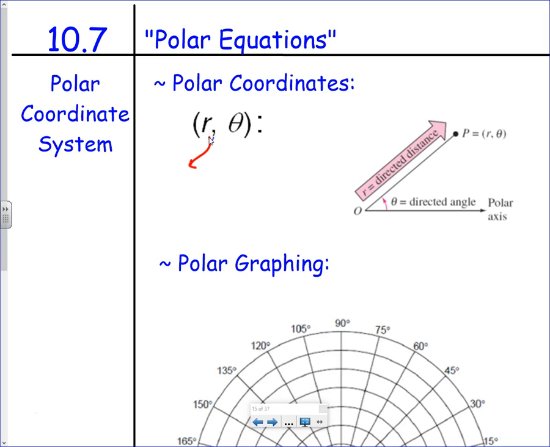Now over there on the picture it says directed distance, and that's true, but you can think of it as a radius, because all of these are concentric circles, circles within circles within circles, and each of them are going to have radii, actual lengths. So R is going to be radius. Theta is going to be, well, angle. I guess you could think of it as inclination. No, keep that with lines. Just think of it as theta. You could be in radians or you could be in degrees, but your Zoom Standard will change your window like we just saw.